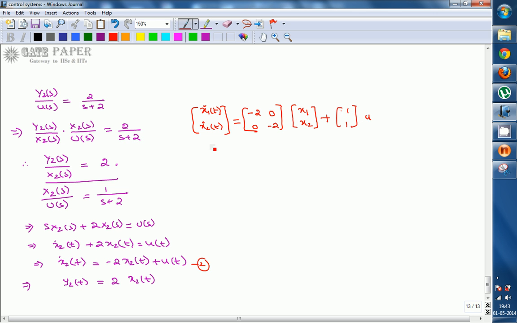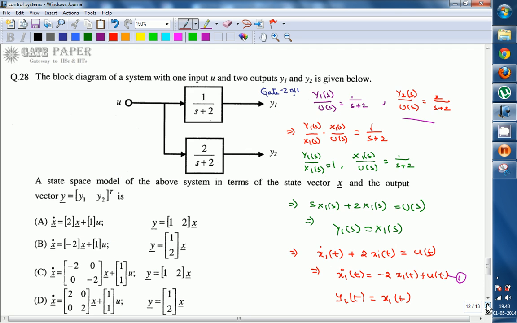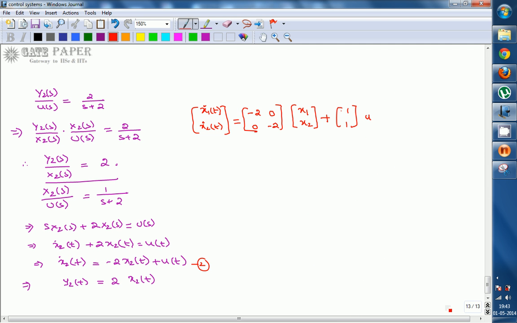And coming to the y of t, for the output, here we have y1 of t equals x1 of t, and here we have y2 of t equals 2 x2 of t.